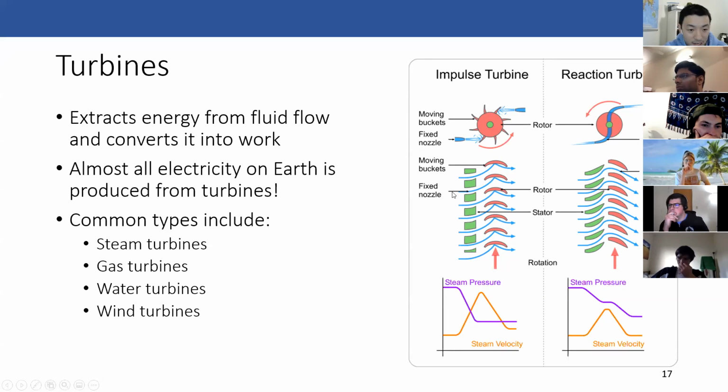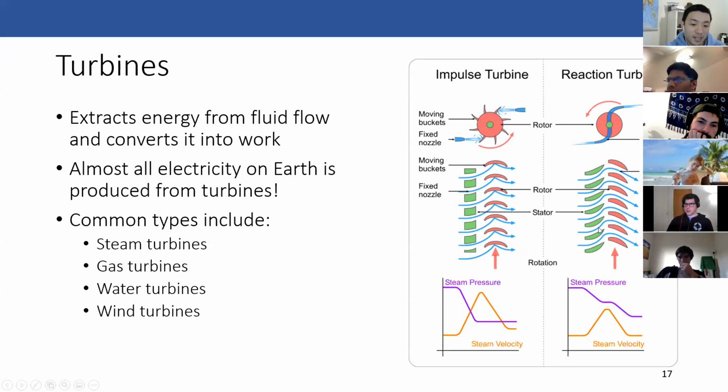You have your fluid flow, either liquid or gaseous, flowing through the nozzles, and it hits the turbine and then flows out, and that causes it to spin. There are two components. The green components are the stators, which are the parts that are fixed, and the red ones are the rotors, which are the parts that are moving.